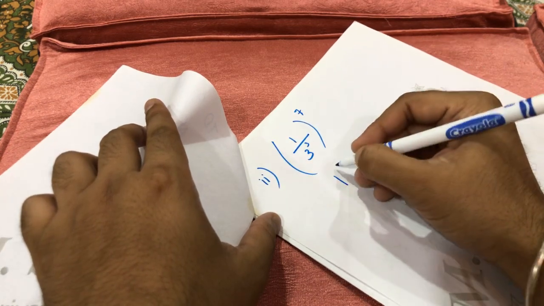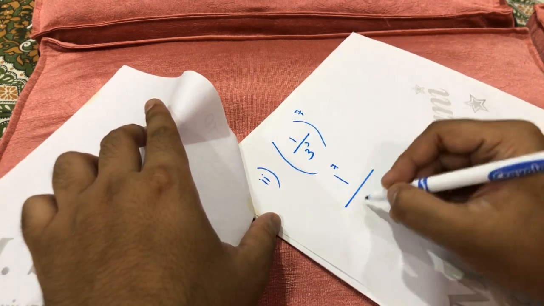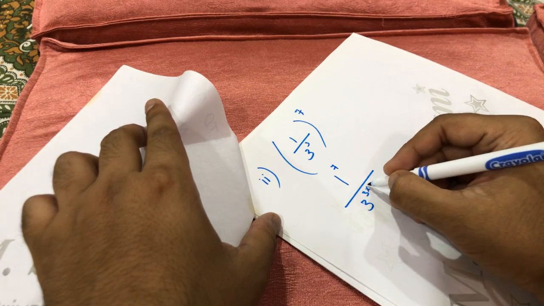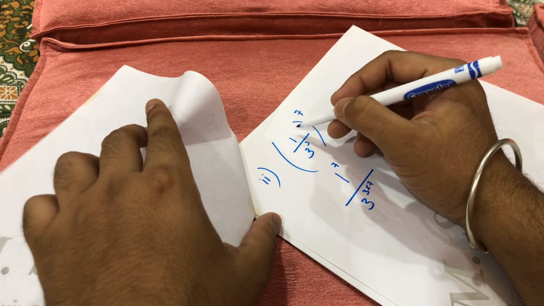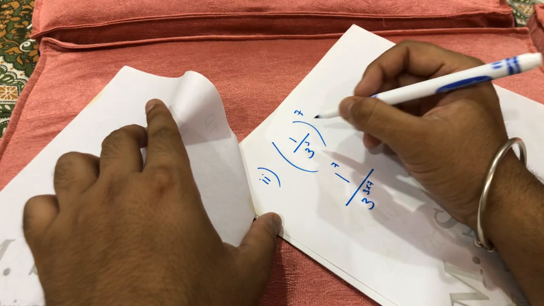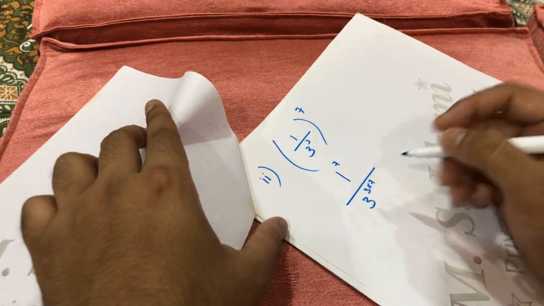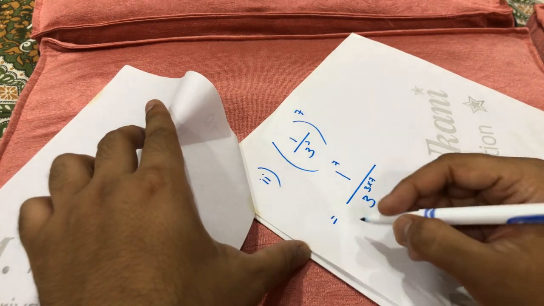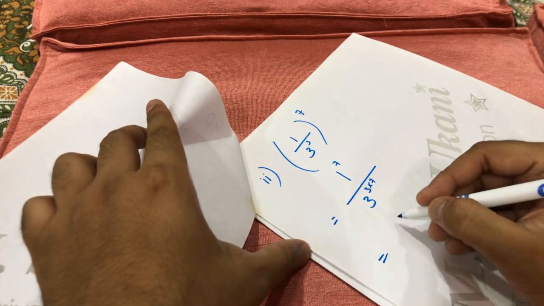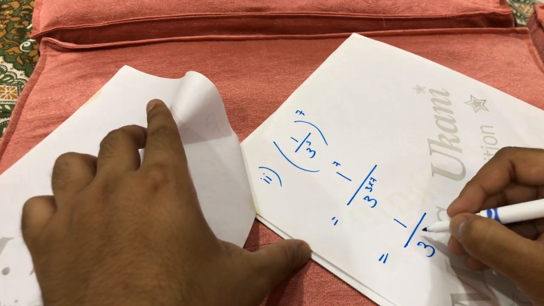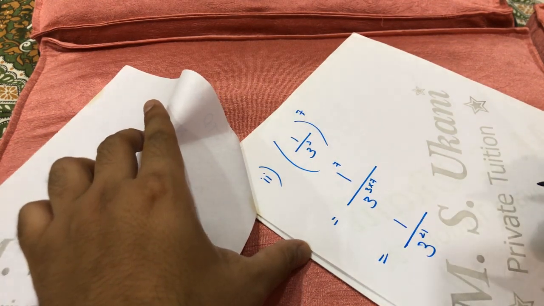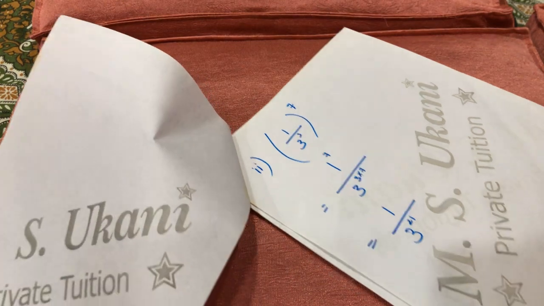So we will write like this: the power 7 will get multiplied with the power of 1 also and with 3 also. So our answer will be 1 raised to 7, which is 1, and 3 raised to 7, 3 sevens are 21. So this is our second sum.